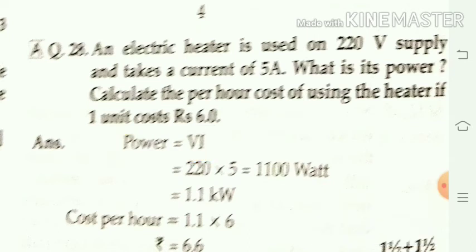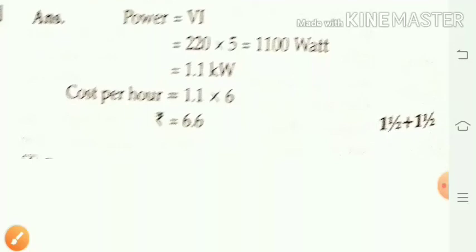Now we will calculate the cost of this unit per hour. Here energy is power into time, that is P into T. We can take the cost per hour as 1.1 into 6, because for 1 unit the charge is given as 6 rupees.